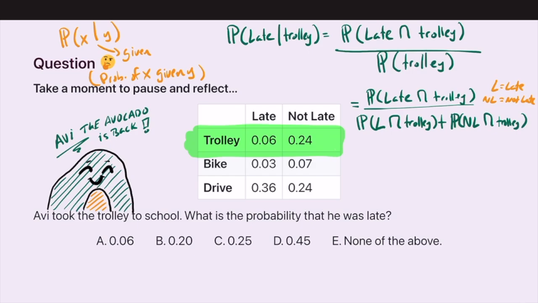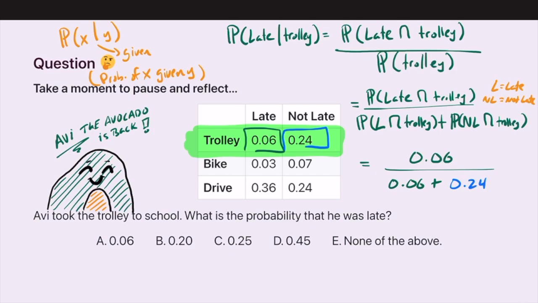So what does this equal? Well, we can just fill in the probabilities now. We know the probability of being late and taking the trolley is 0.06. We get that from there, over the probability of being late and the trolley, again, 0.06, plus, we'll do this in blue, the probability of not being late and trolley, which is 0.24.